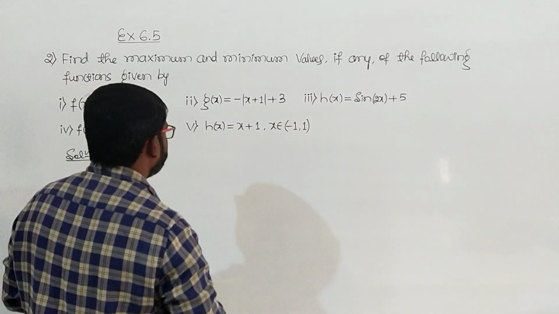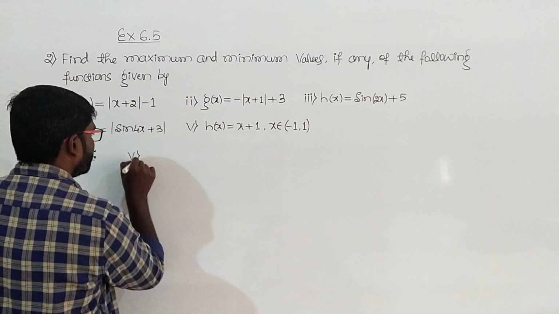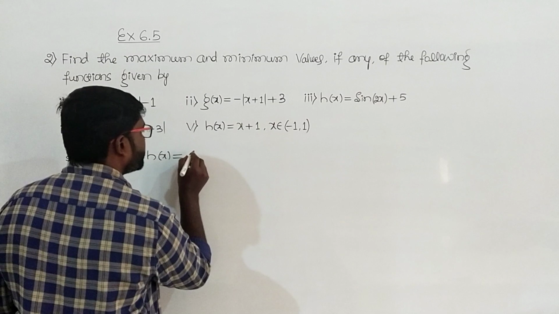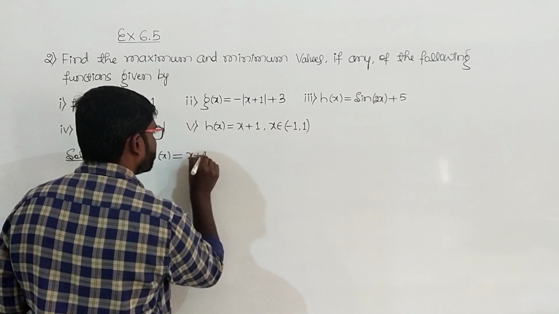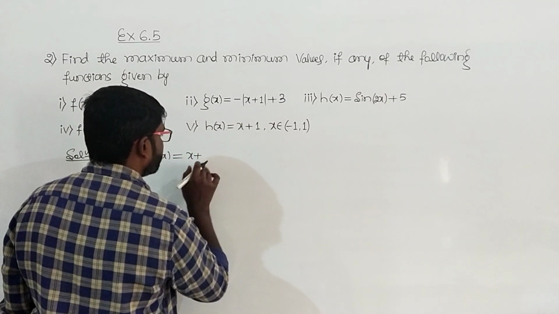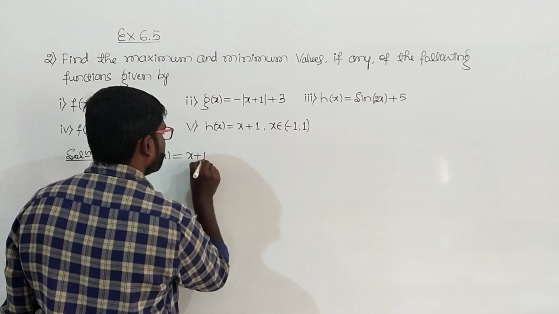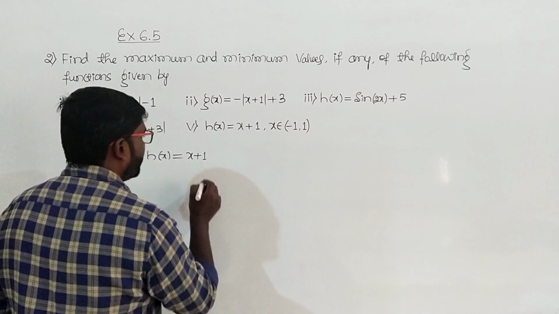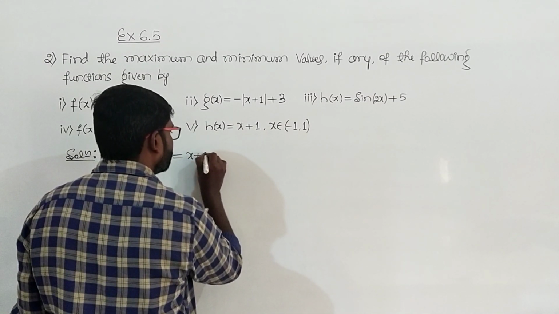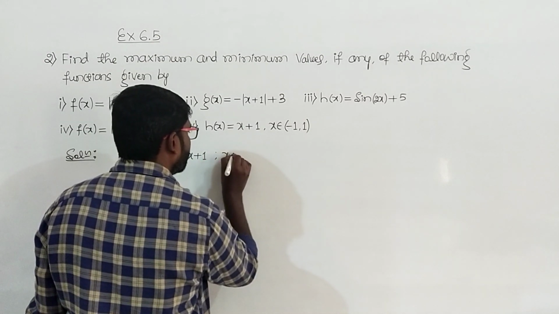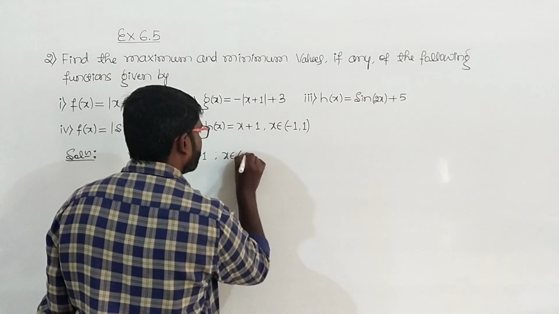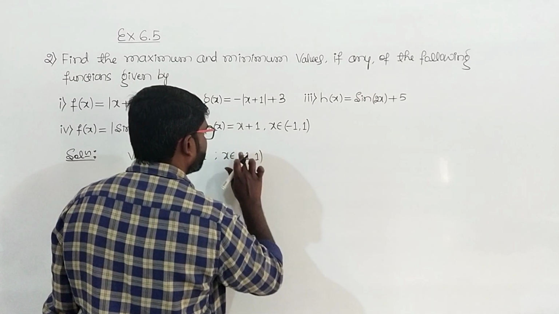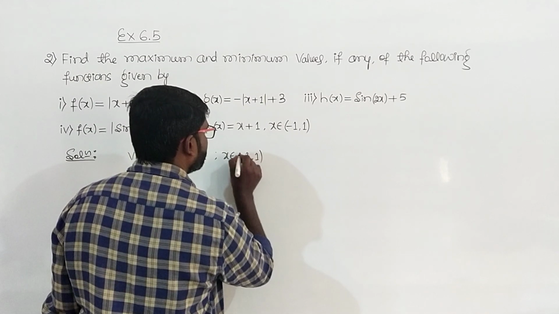Well, this is a little different. Fifth one. So he has given h of x which is equal to x plus 1, and here x belongs to the open interval minus 1 comma 1.